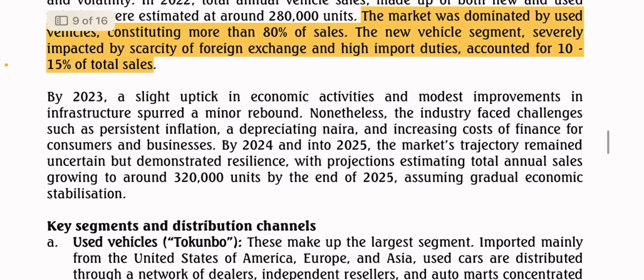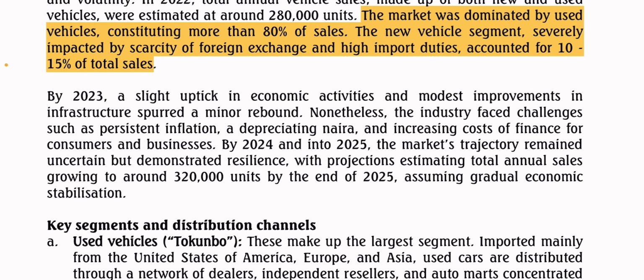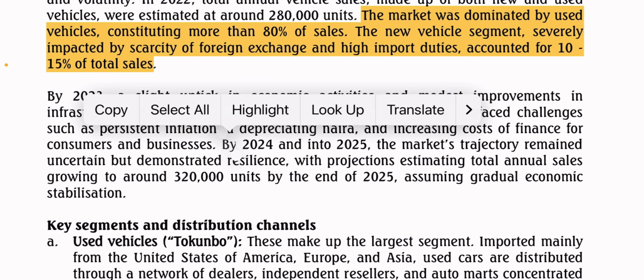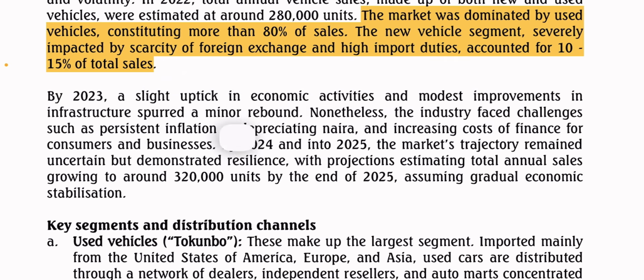And then he told us about the projections as well, how in 2023 there were improvements in infrastructure and all of that, just minor improvements, and how in 2024 and 2025 the market's trajectory remains uncertain. So there's a lot of uncertainty around it.